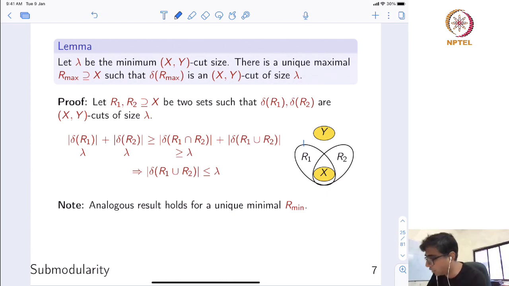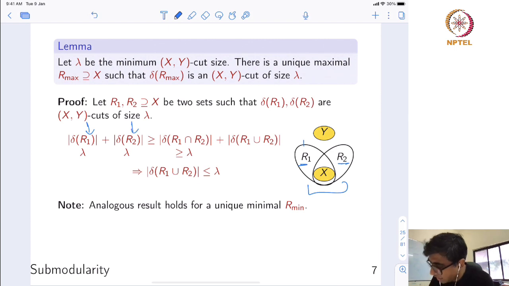So if I take the union of R1 and R2, then x will be contained inside the intersection, and y is outside. Now we know that delta is a submodular function. So now we will apply submodularity on the sets R1 and R2. Then we know delta R1 plus delta R2 is at least delta R1 intersection R2 plus delta R1 union R2. But the value of delta R1 is lambda, and the value of delta R2 is lambda. Now what is the value of delta R1 intersection R2?